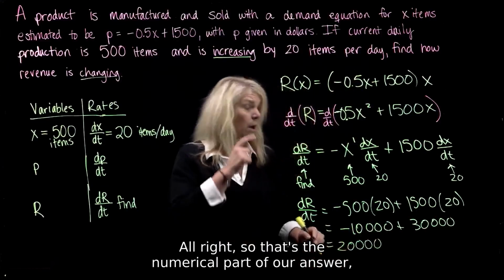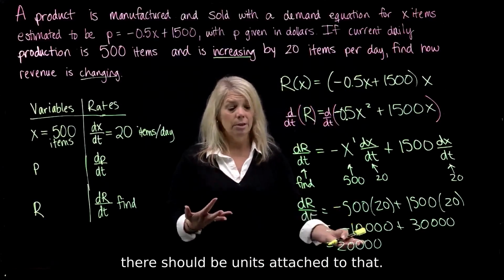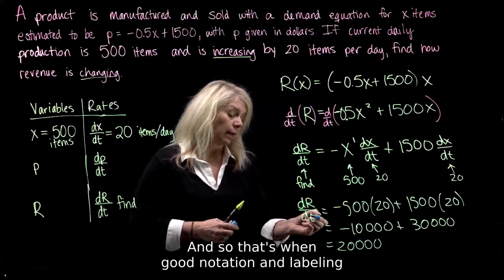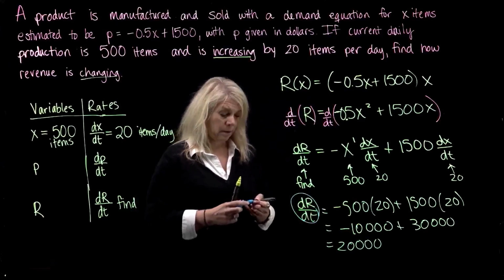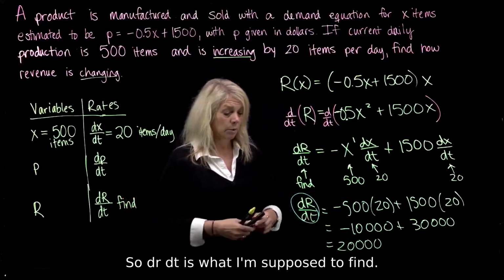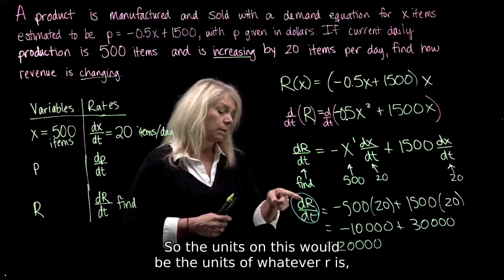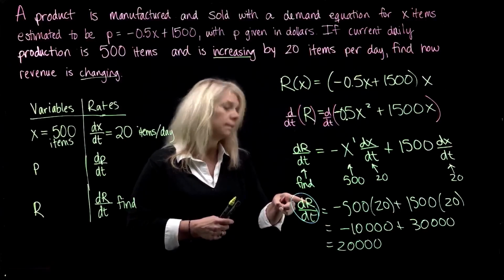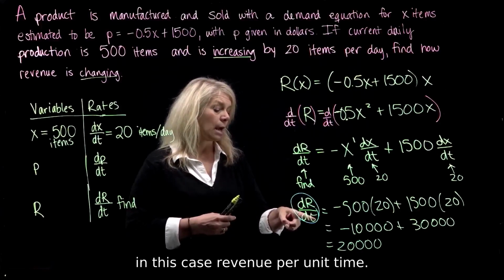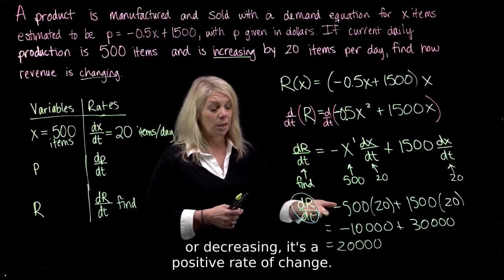All right, so that's the numerical part of our answer, but in these related rates problems, there should be units attached to that. And so that's when good notation and labeling of your work is helpful here. So dR/dt is what I'm supposed to find. So the units on this would be the units of whatever R is, in this case revenue, per unit time. And this is a rate of change, so it tells us whether something is increasing or decreasing.